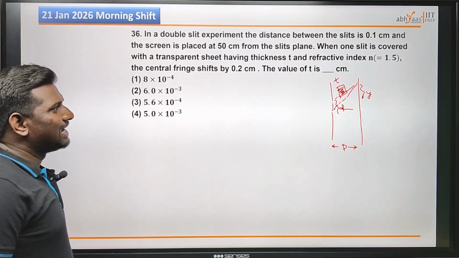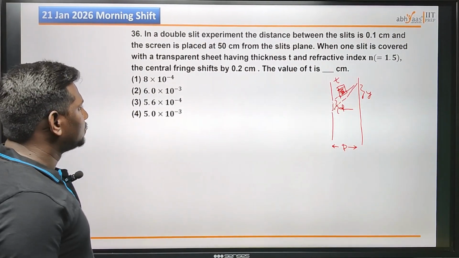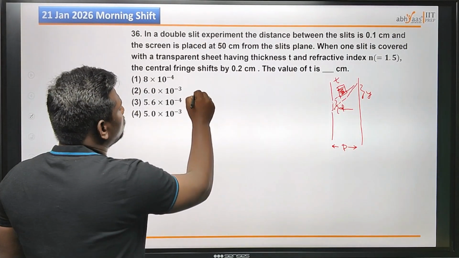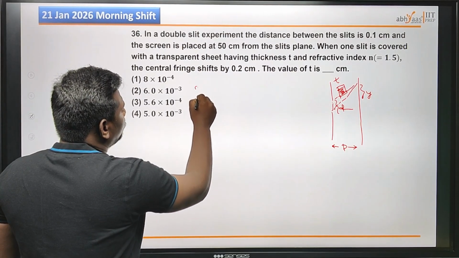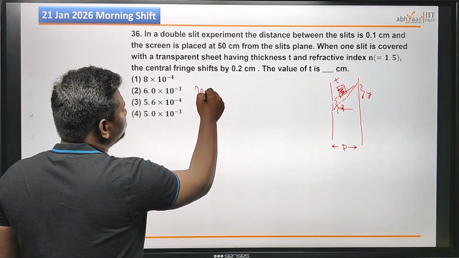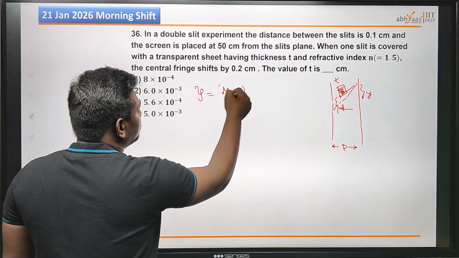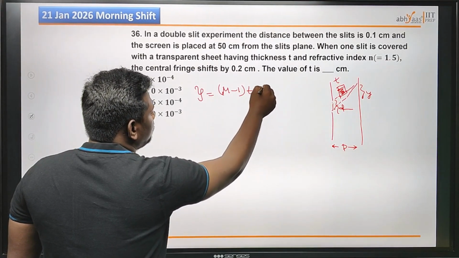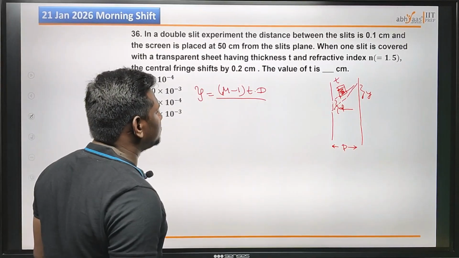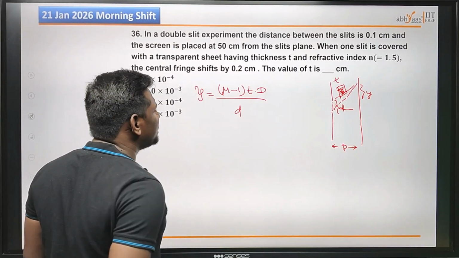How to find the thickness? We know the formula. The shift y equals (mu minus 1) times the thickness times the distance between the screen and the slits, divided by the distance between the slits.